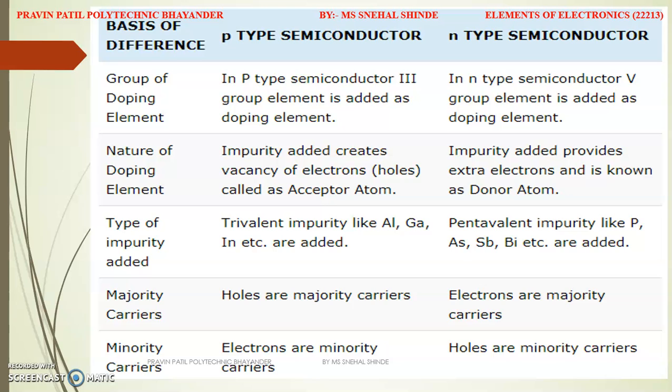If we add a trivalent impurity, it will become the p-type semiconductor, and if we add a pentavalent impurity, it will become the n-type semiconductor. So this is the detailed version of the p-type semiconductor and n-type semiconductor.